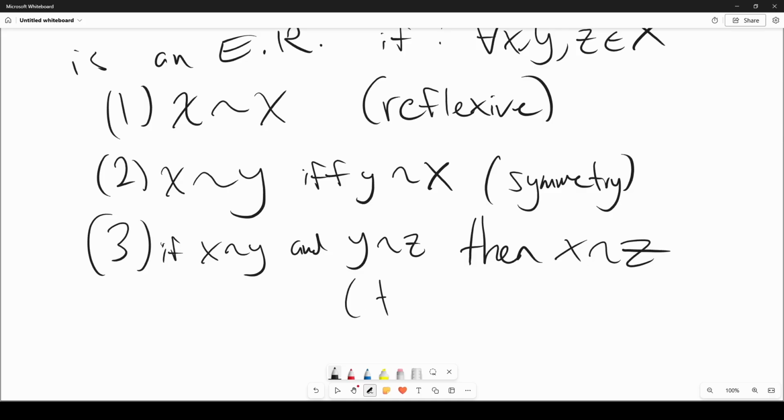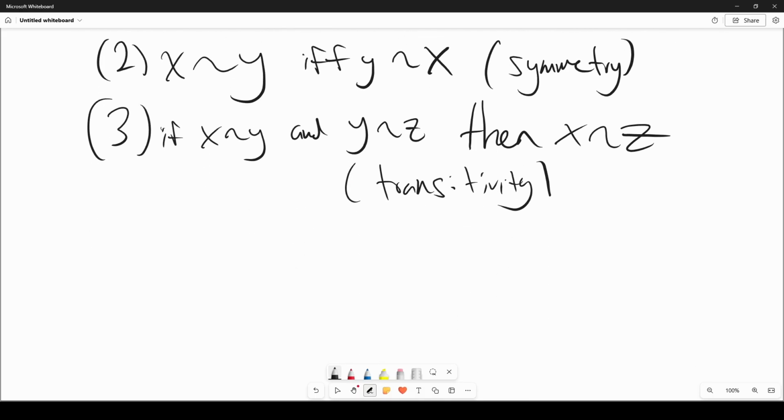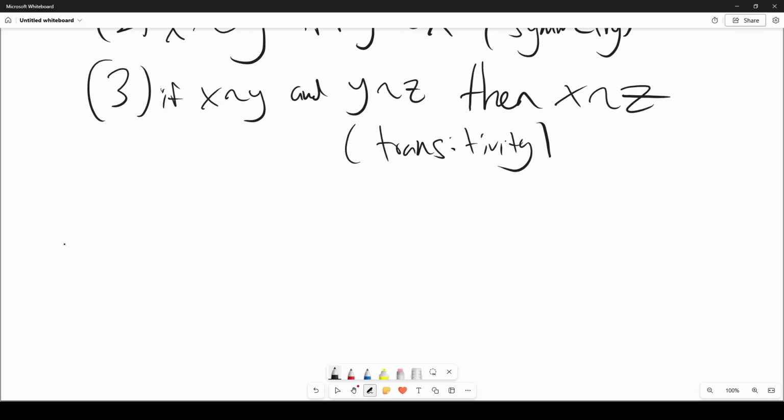And this is usually called transitivity, because it's like taking one claim and another and then being able to say something about both of them in a certain way. So you can kind of imagine an equivalence relation is a way of comparing two elements of a set and seeing if they're equivalent under some definition you give. We'll come up with a better way of understanding them eventually, but this is just the definition we're going to start out with.